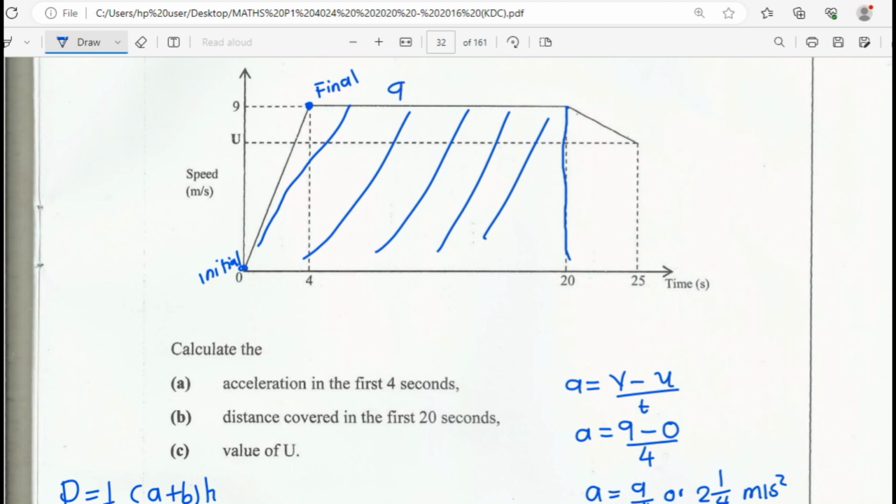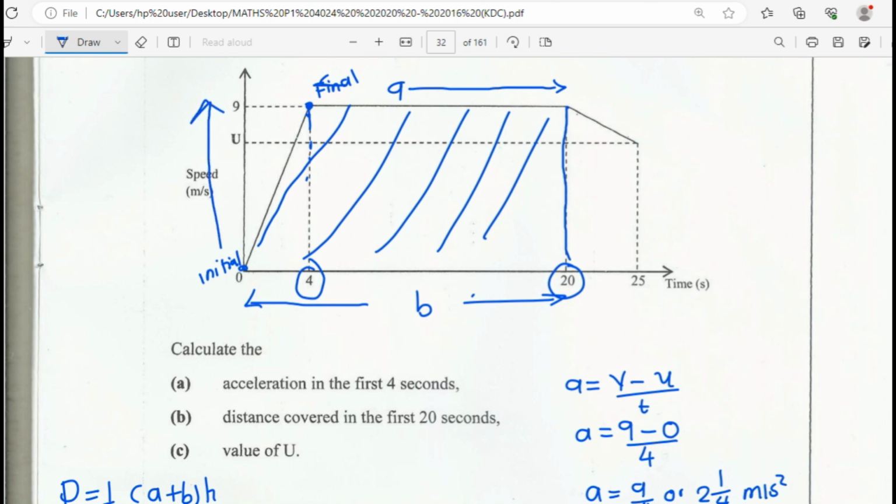So a is this distance here, which is, if we move down in the x-axis, the difference between 4 and 20, which is 16. So A is 16, then B is the distance from here up to here. So B is 20, then height is 9. So height you move vertically.